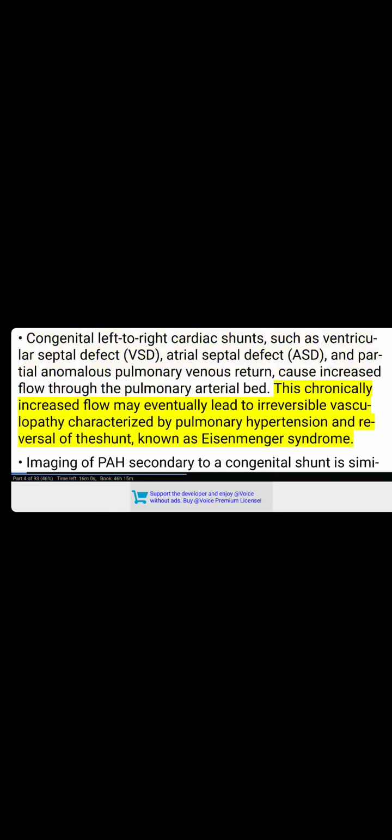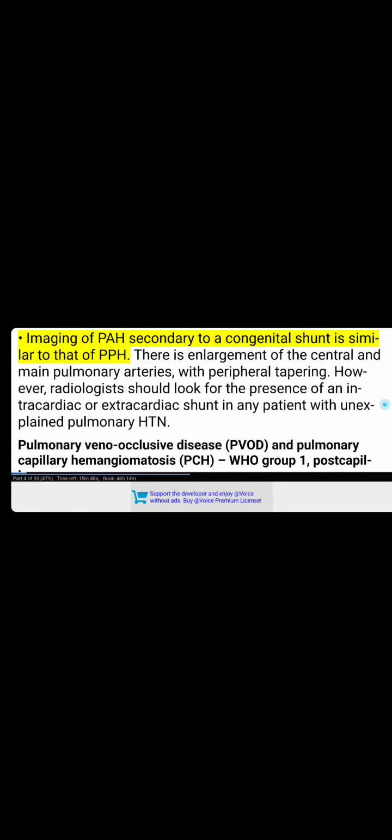This chronically increased flow may eventually lead to irreversible vasculopathy characterized by pulmonary hypertension and reversal of the shunt, known as Eisenmenger syndrome. Imaging of PAH secondary to a congenital shunt is similar to that of PPH. There is enlargement of the central and main pulmonary arteries, with peripheral tapering. However, radiologists should look for the presence of an intracardiac or extracardiac shunt in any patient with unexplained pulmonary hypertension.